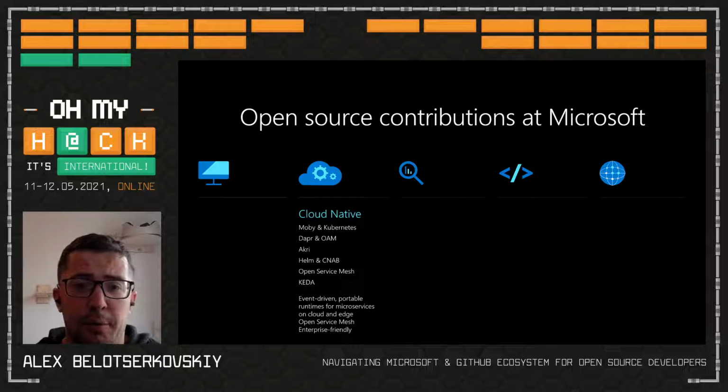But also we found, together with our partners from the industry, that with regard to one of the hottest topics in cloud native, service mesh, we lack some standardization, because we have so many service meshes.